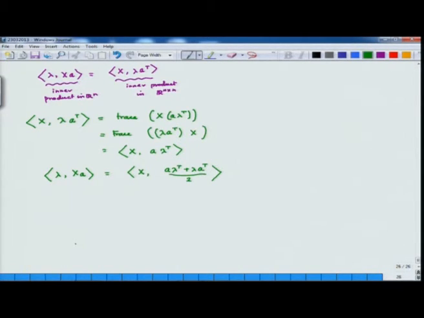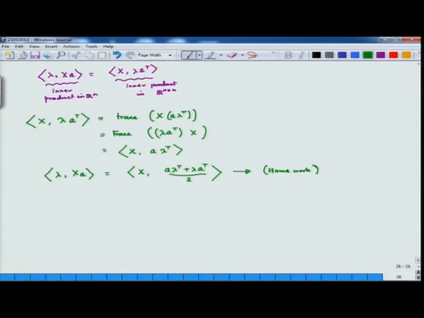So this is now a symmetric matrix. This is homework. It is very simple, you just have to observe these things. Half of this plus half of this is this.